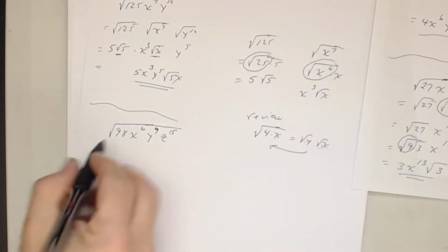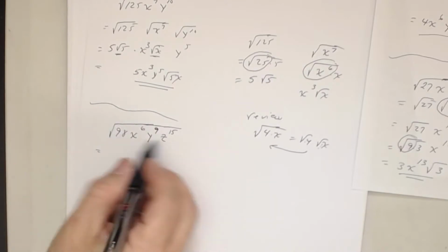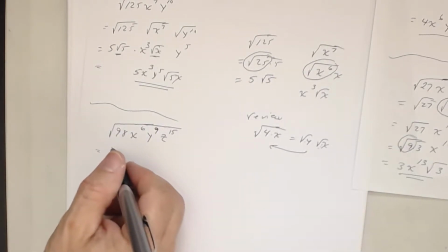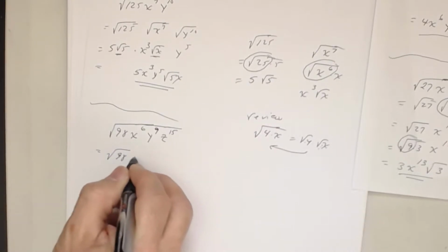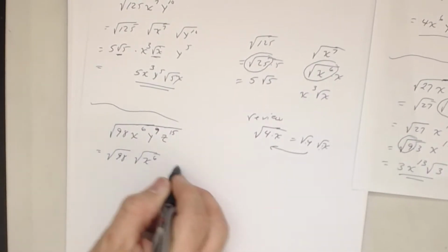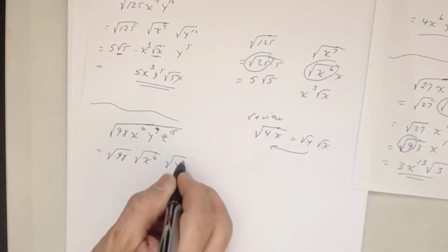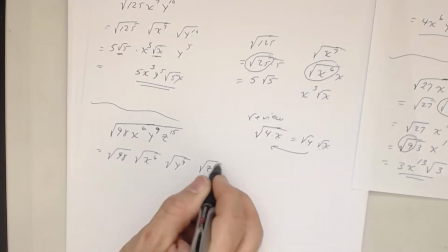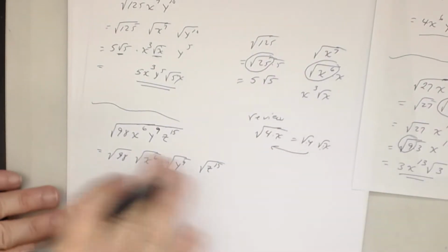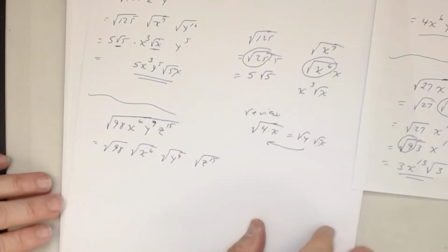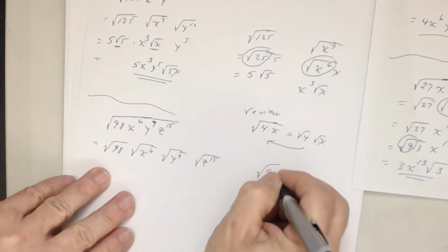So split it apart. So that the square root of all this product, write them as the product of each square root. So it'll be the square root of 98, square root of x to the 6th, square root of y to the 9th, square root of z to the 15th, right? And then go off to the side and then figure out what each of those things are. So let's start with the square root of 98.